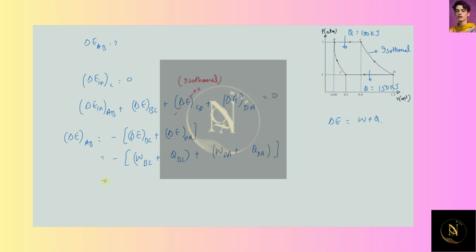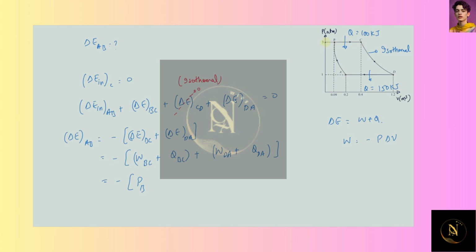So we're going to now plug the value of work for BC, and we know that the work is equal to minus P delta V for an isobaric process. So we can use this formula here. So minus the pressure at B. I'm writing the work for this process BC.